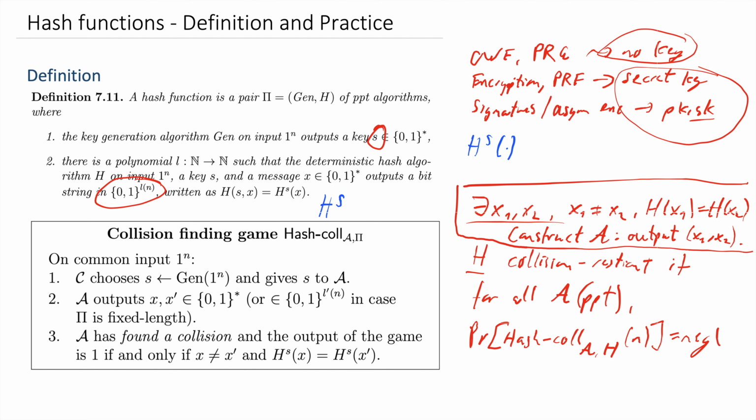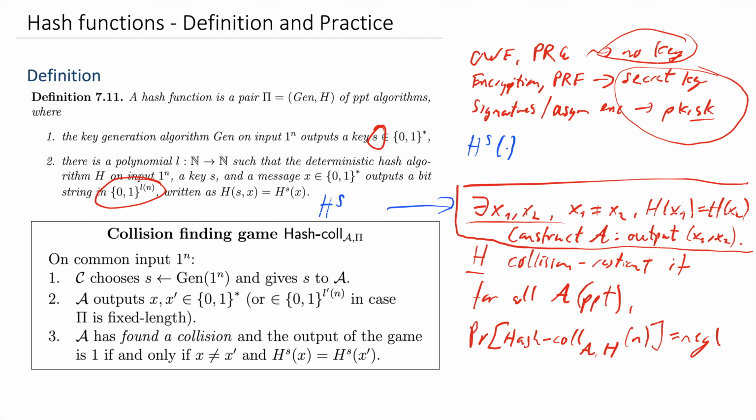So similarly to here, such collisions exist. However, I don't know which s I'm going to get when I construct my adversary, because I construct the adversary, run it through the collision finding game, and within the collision finding game, I get a random s. So I really don't know for which of these functions to hardcode a solution.